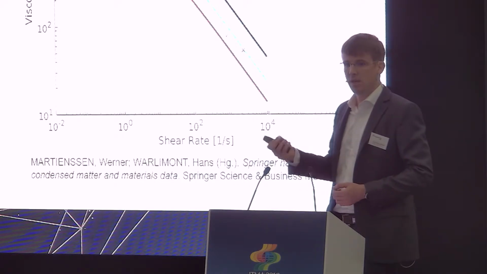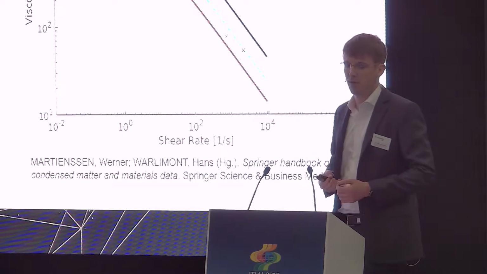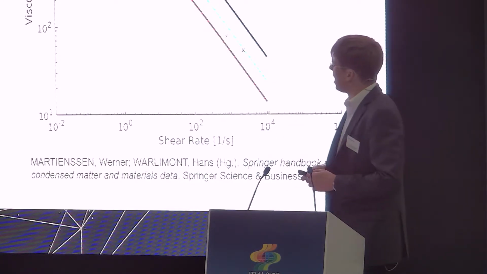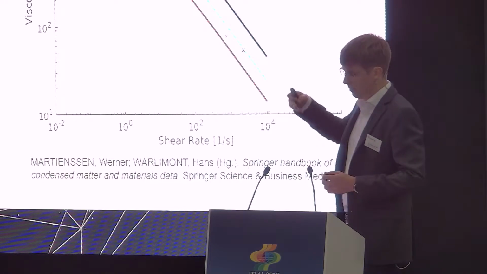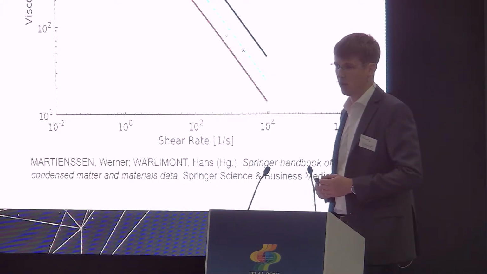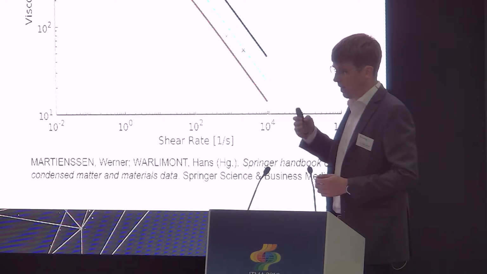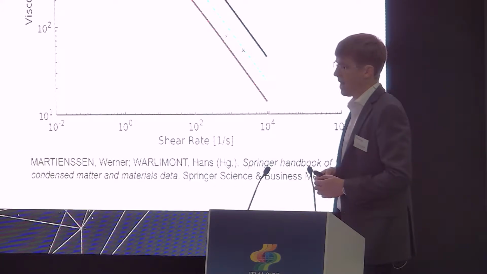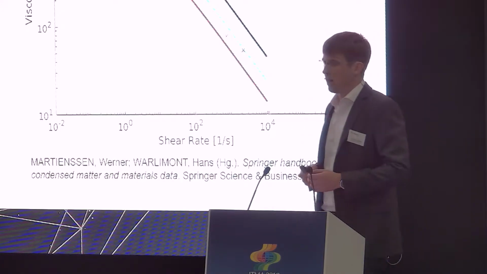So what do we need in order to simulate a spin pack? First, of course, the geometry. We use this to build a computer model. Then the rheology of the polymer always plays an important role. Especially, we need data on viscosity and on density.